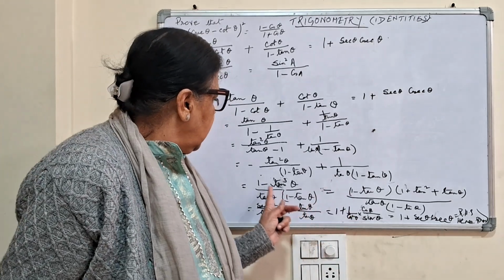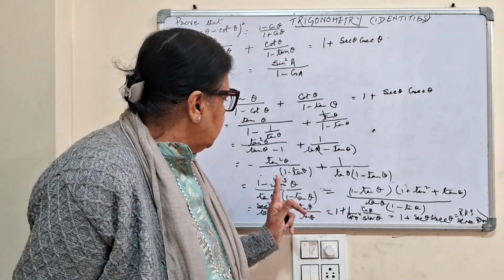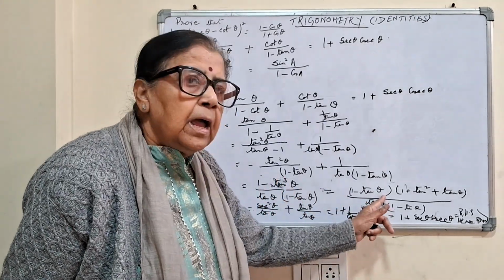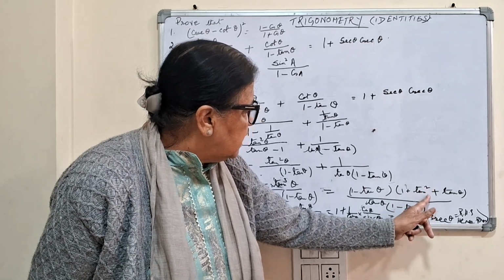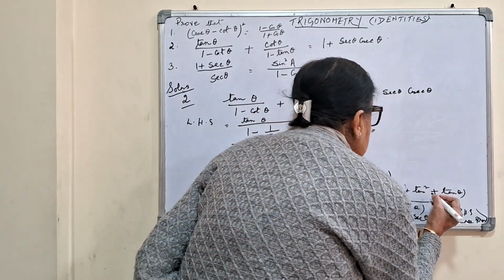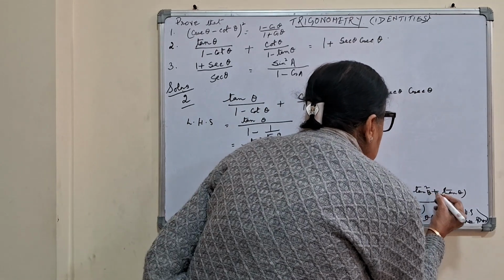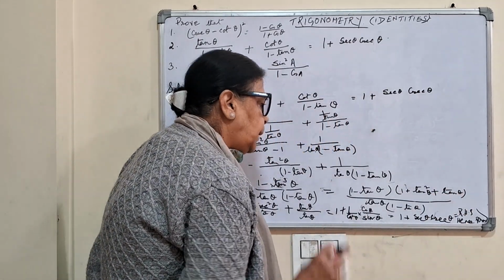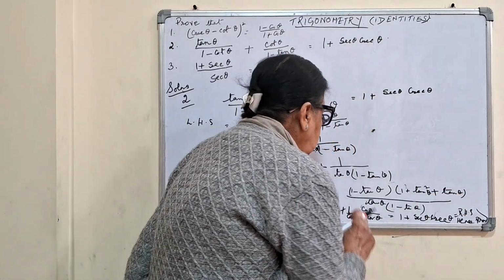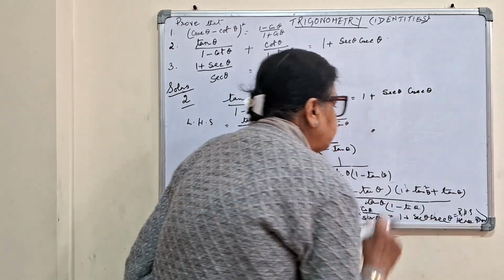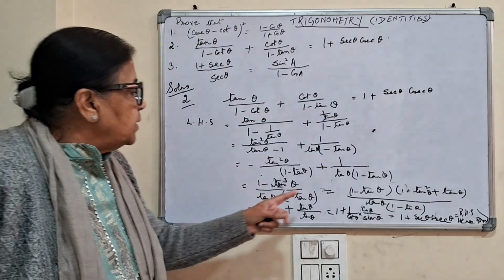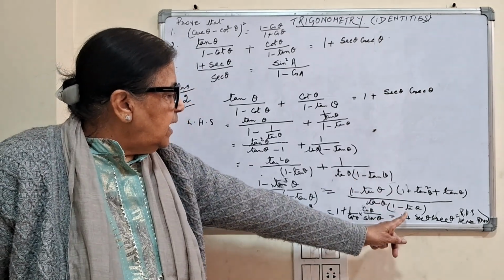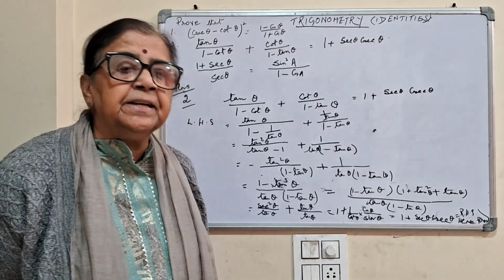So here a is 1 and b is tan theta, so 1 minus tan theta into 1 plus tan square theta plus 1 into tan theta. Yes, done. Now this will be cancelled and I remain with tan theta.